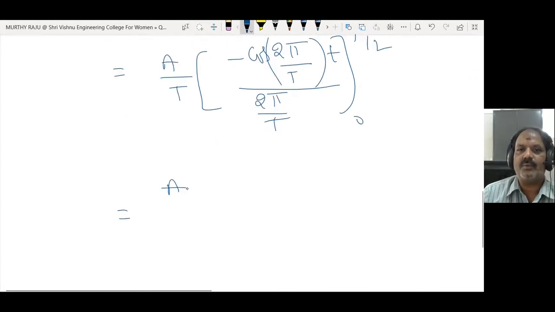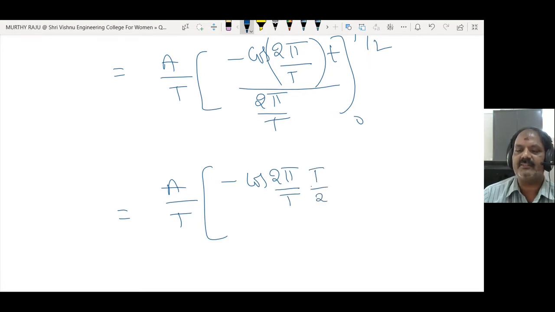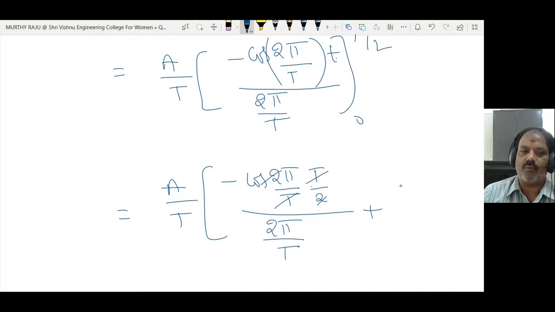That is equal to A by T, upper limit is minus cos 2 pi by T, where t is T by 2. T cancels, 2 cancels, by 2 pi by T. Here minus into minus plus. Cos 0 is 1, 1 by 2 pi by T.